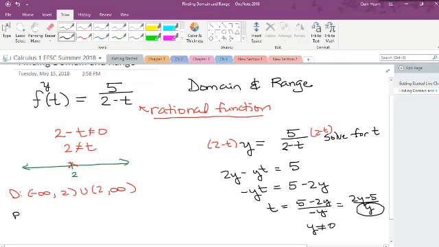So your range, again, we're going to leave out 0. So it's going to be negative infinity to 0, union 0 to infinity. Okay, so whenever you have a rational function that's fairly simple like that, you can rearrange it, solve for the x, or in this case the t, and then use the same approach for the range as you did for the domain.